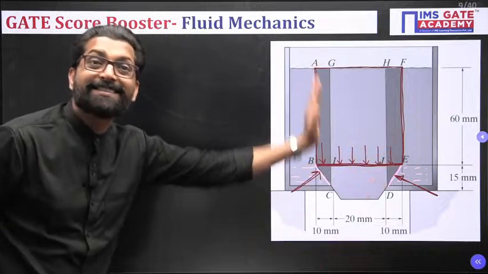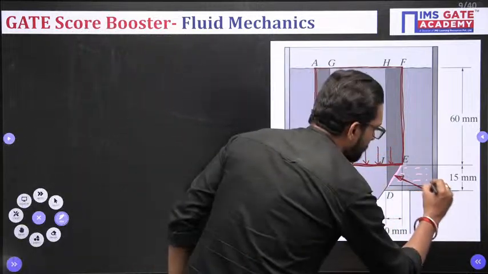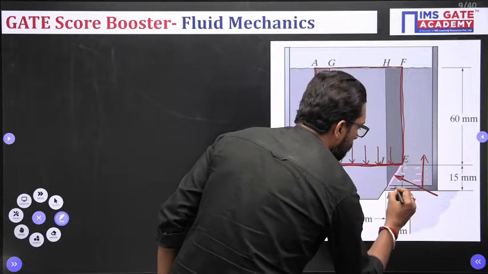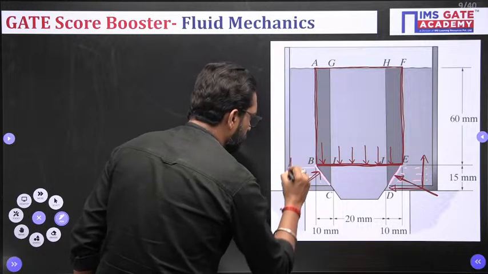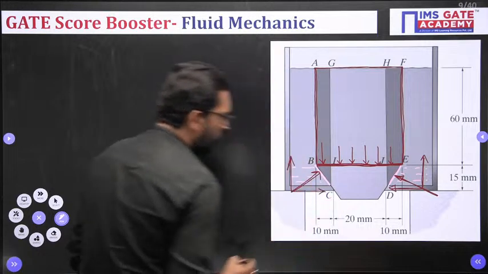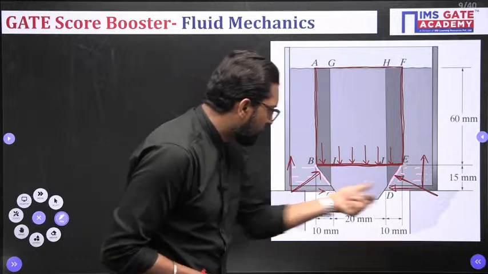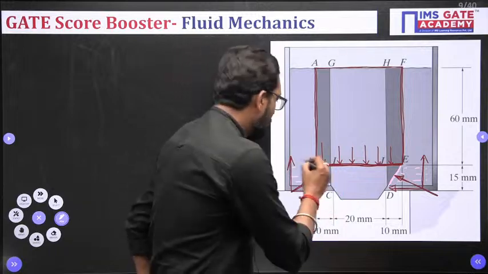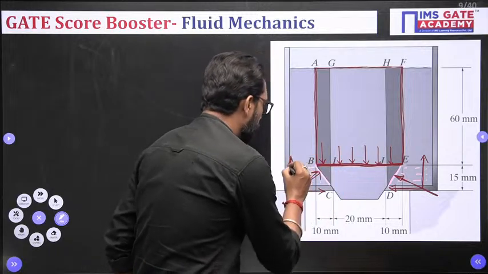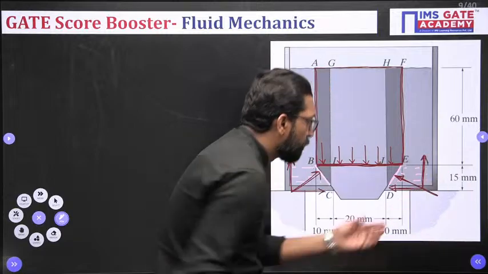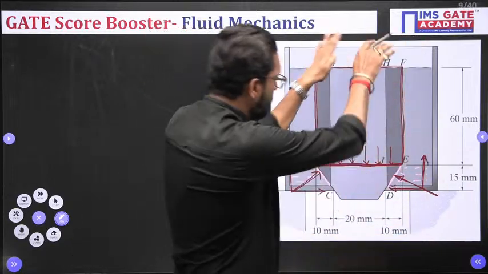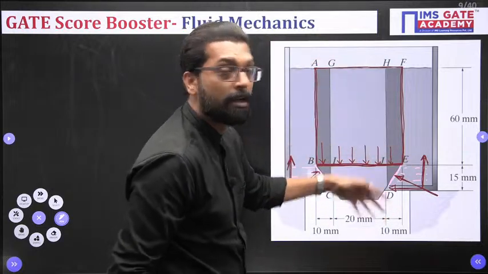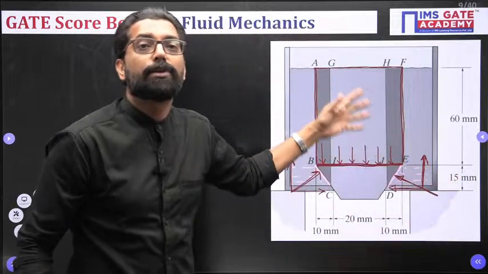On the slant side, there is a component, one vertical, another horizontal, and also one vertical, other horizontal. So my dear, these horizontal components are symmetric, so they will cancel out. So only the vertical component is there. This vertical component is in the upward direction, and the vertical component on the surface BE is in the downward direction. So what is the net force on the plug?